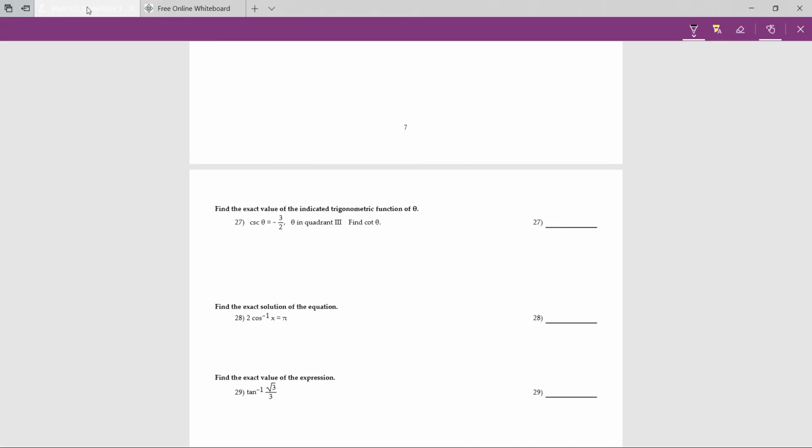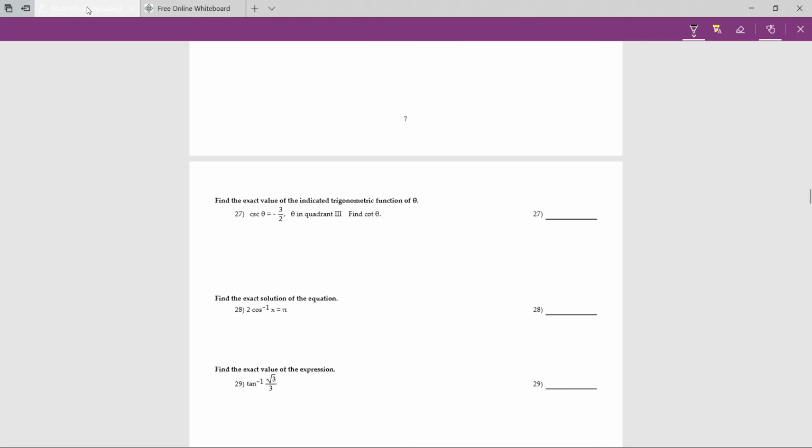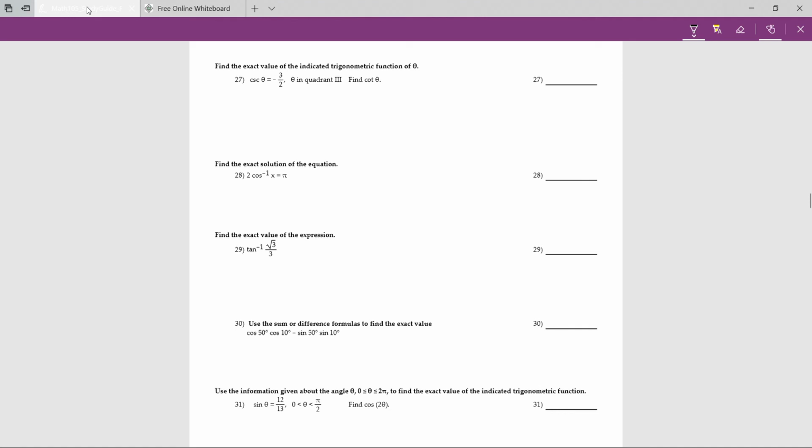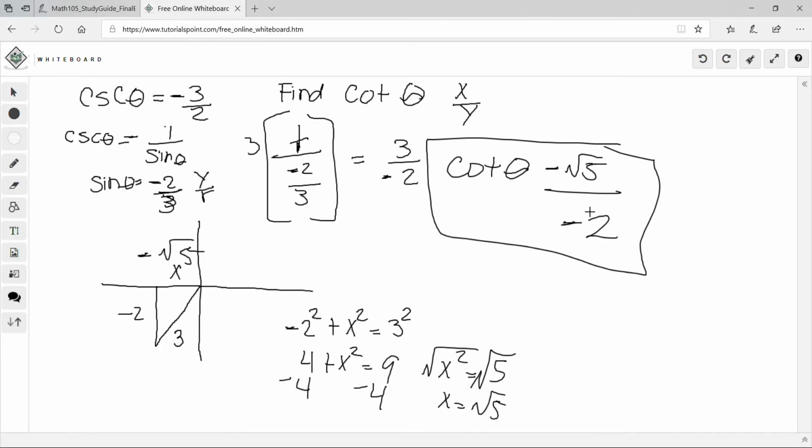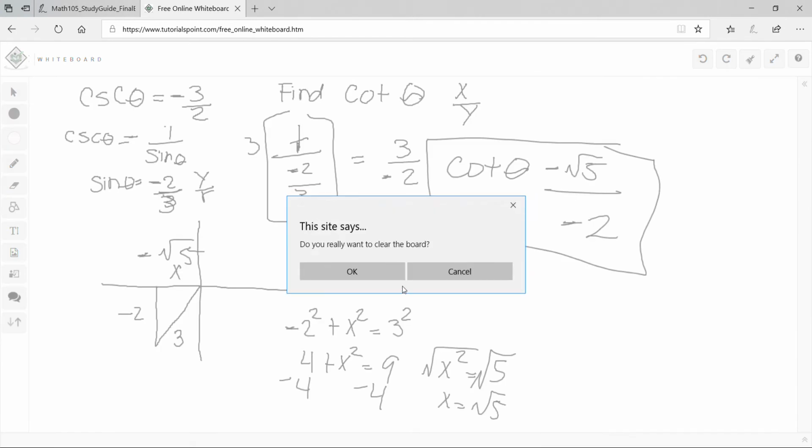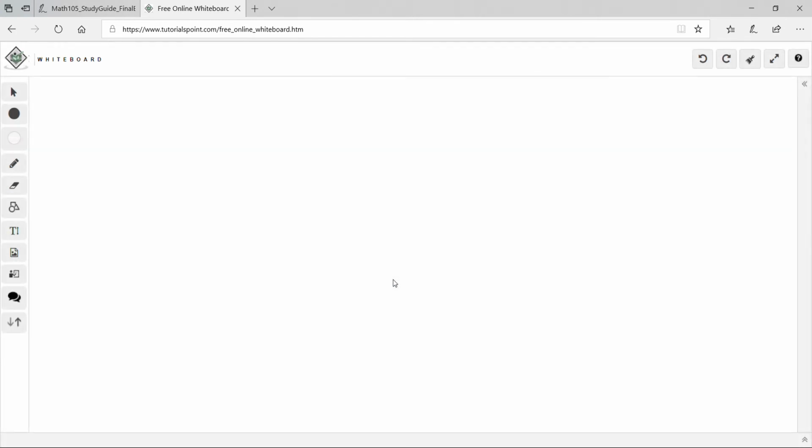That was 27. Let's do 28. You have 2 cosine inverse of x equals pi.